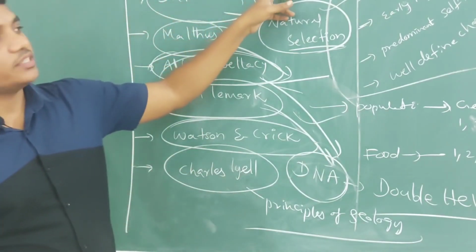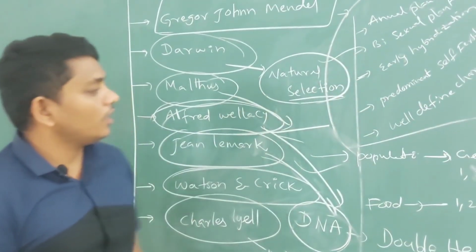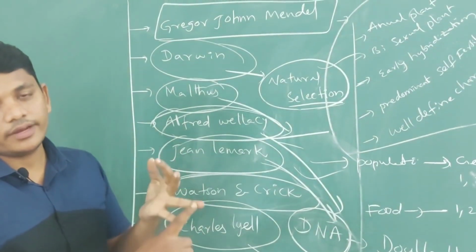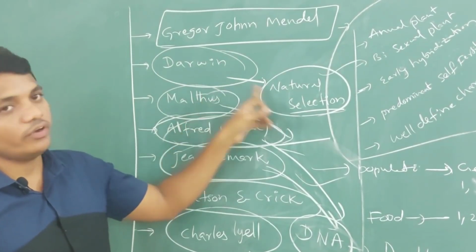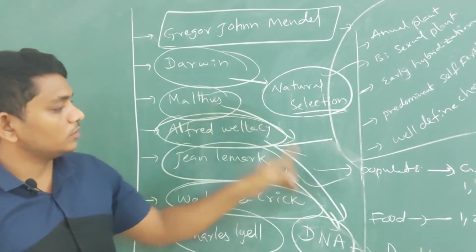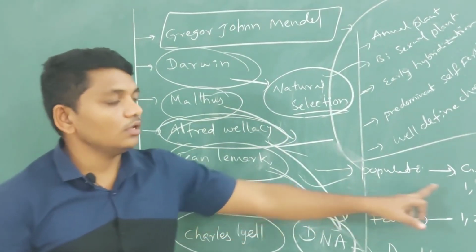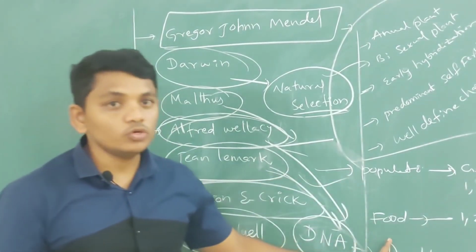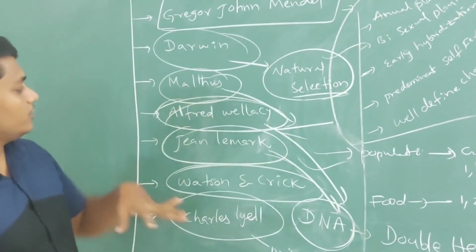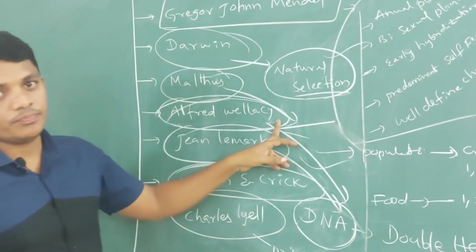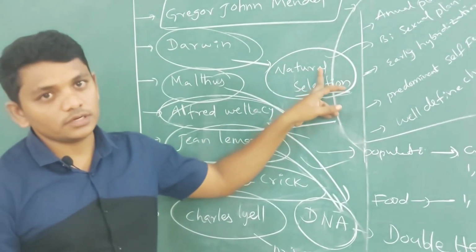Gregor John Mendel said three theories: law of dominance, law of segregation, law of independent assortment. Charles Darwin, natural selection. Malthus, population shows geometrical progression, whereas food sources show arithmetical progression. This is said by Malthus. And Alfred Wallace said natural selection.